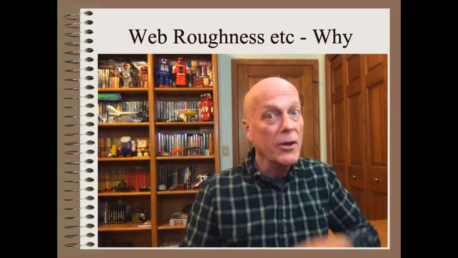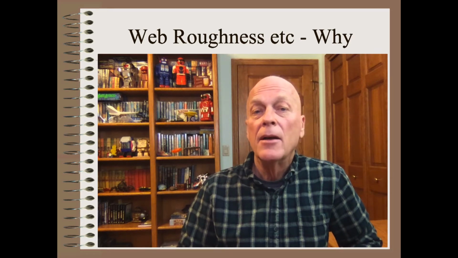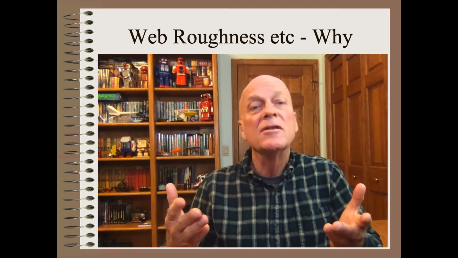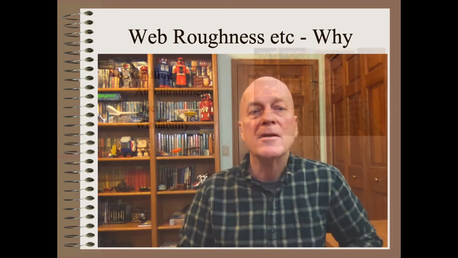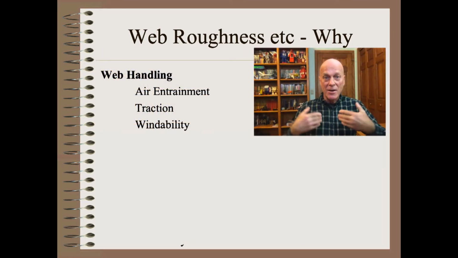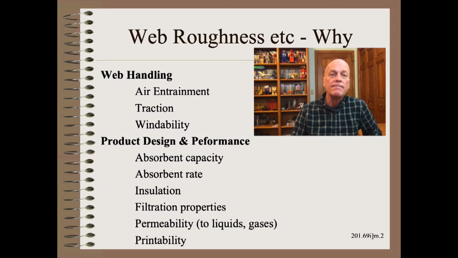So why would you want to know about roughness-related topics? There may be several motivations depending on your web processes and customers. For web handlers, we want to know about roughness because it informs us about air entrainment, traction, roller design, and windability. More about these essential topics in the next slides.